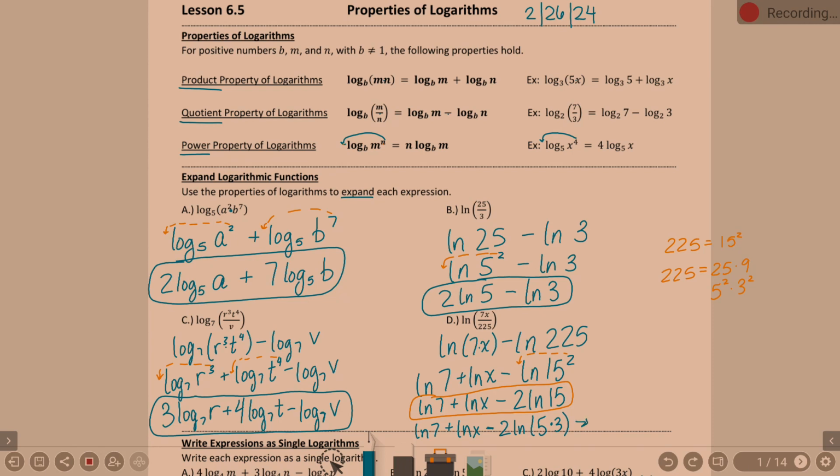So the other answer I could give here is natural log of 7 plus natural log of x minus 2 natural log of 5 and minus 2 natural log of 3. As I said, I'm fine with that. We have to watch out for Savas.